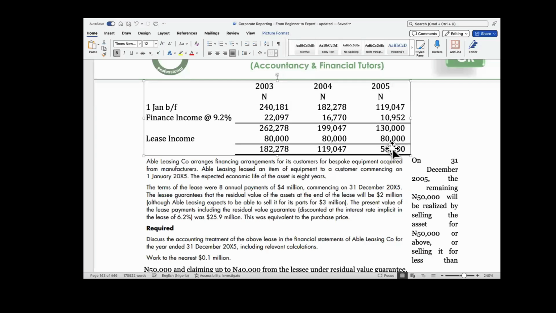It means the lessee won't have to give him anything because he has already gotten 45. And if he's able to sell it for only, let's say, 30K, since the lessee has guaranteed him 40, the lessee would have to top it up by an additional 10, just so that he gets 40. I hope you are getting the idea. So that is all about this question.